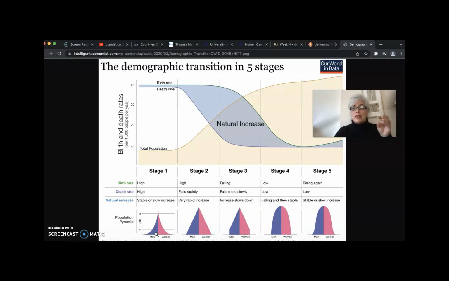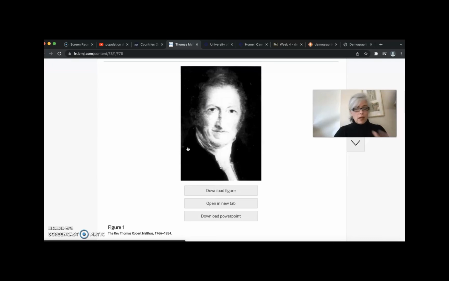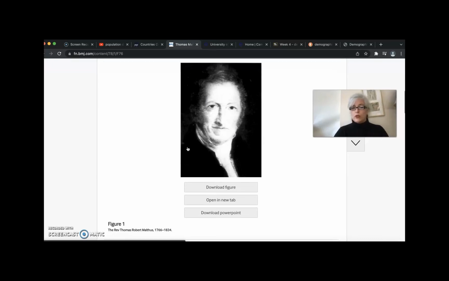It's connected to the food supply. So we're going to be looking at these kinds of issues in the next video when we go deeper into the demographic transition model.